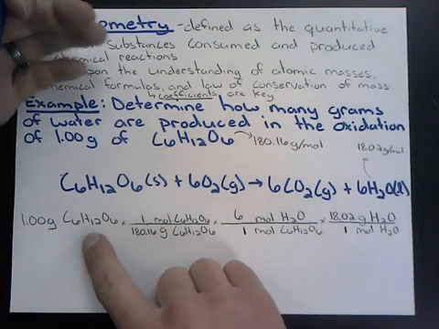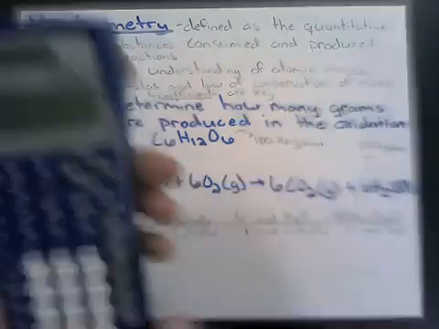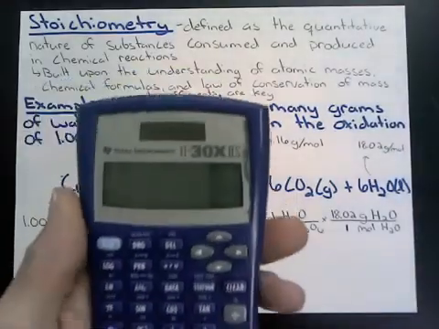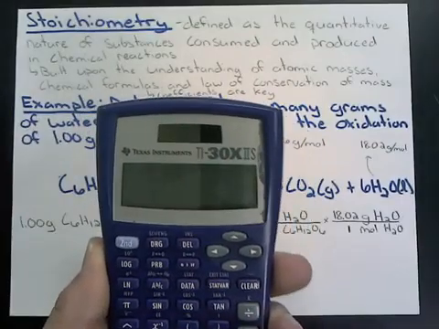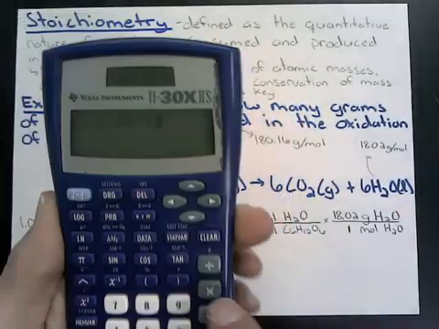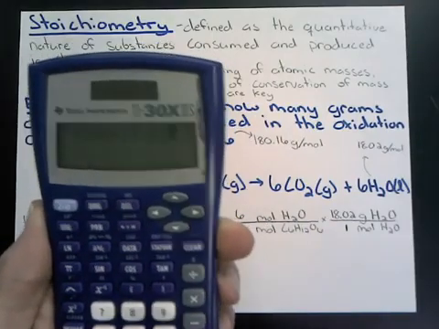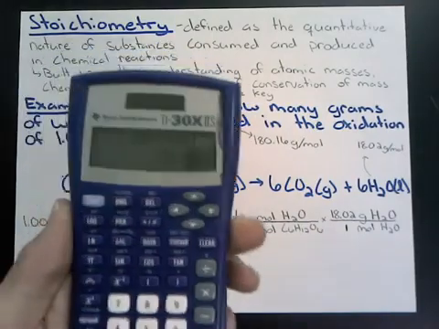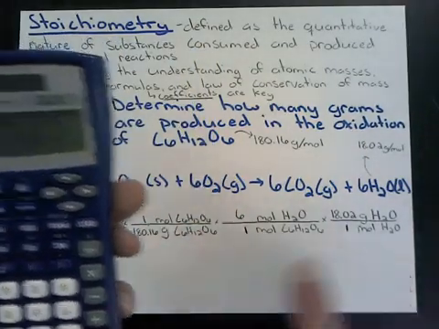What I like to do, and people can do this differently, is multiply everything on top. So I'm going to start out with a parenthesis. I have 1.00 times 1 times 6 times 18.02. Close my parenthesis, press enter, and then I'm going to divide it by everything multiplied on bottom.